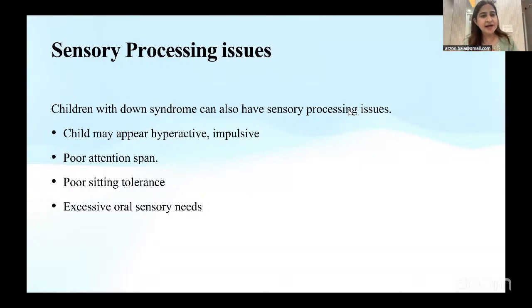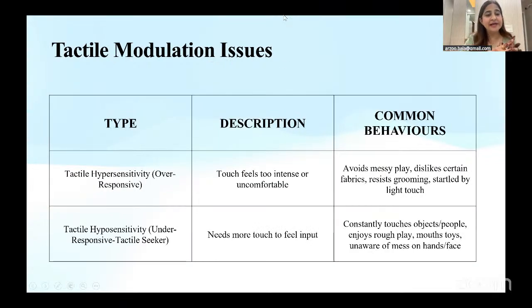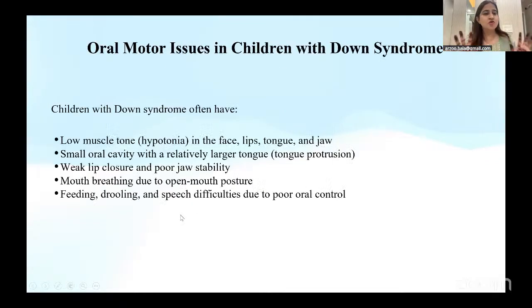In the tactile system, we say touch is power. It's the very first system which develops with the child. Can we move to the next slide? In the tactile system, a child learns through touch. There could be two differences in tactile. One, the child does not like to touch things.